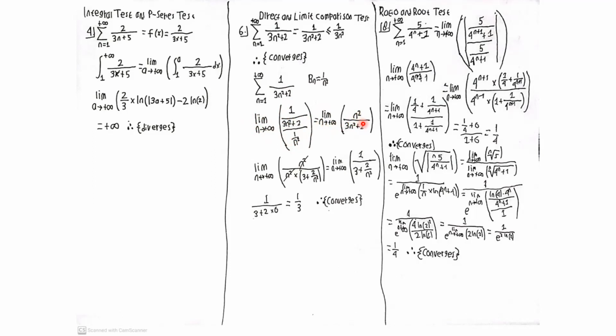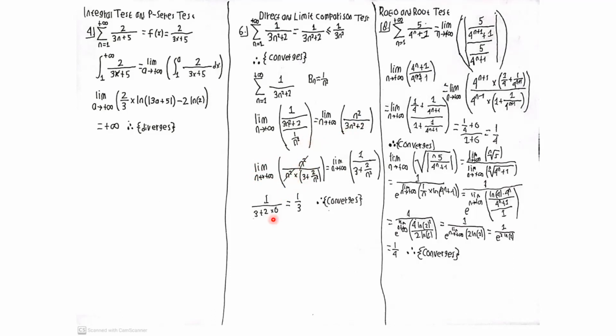And then after that, we have to factor out the n squared from the denominator. So it will be limit n to plus infinity of n squared over n squared times the bracket 3 plus 2 over n squared.